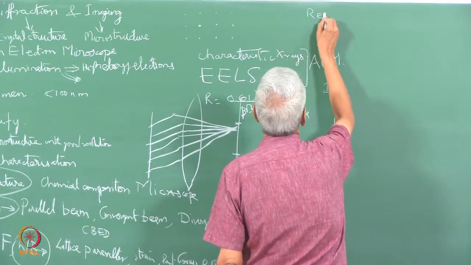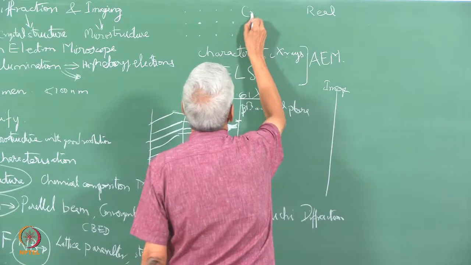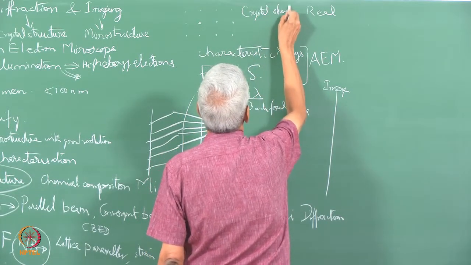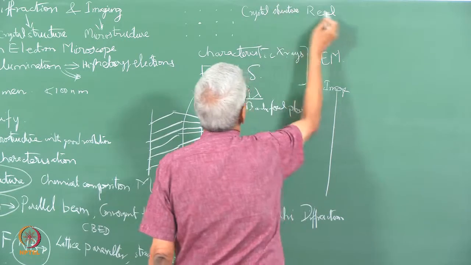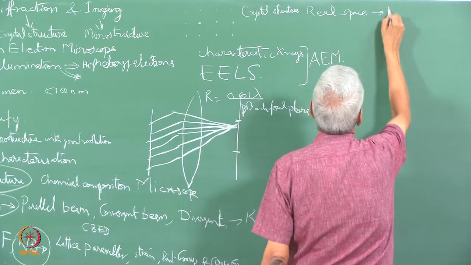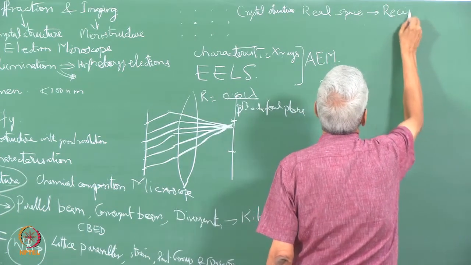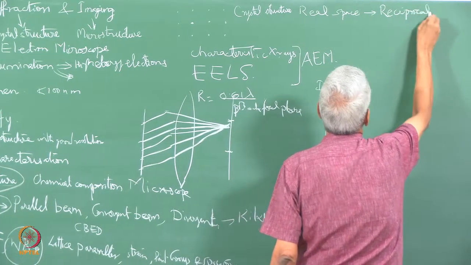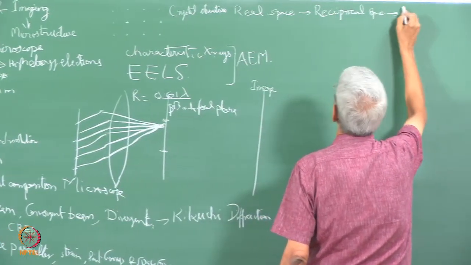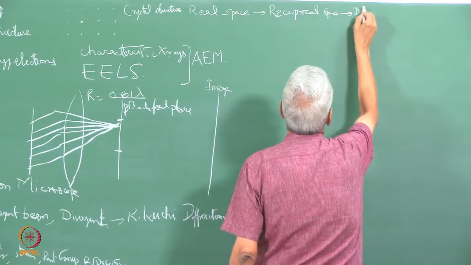So crystal structure determination requires real space, then reciprocal space, and this reciprocal space is related to diffraction.